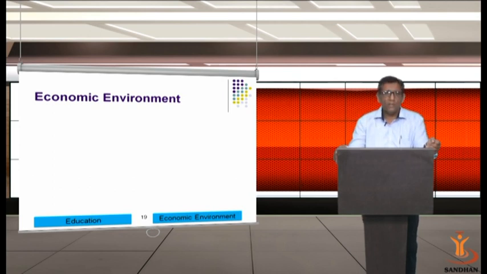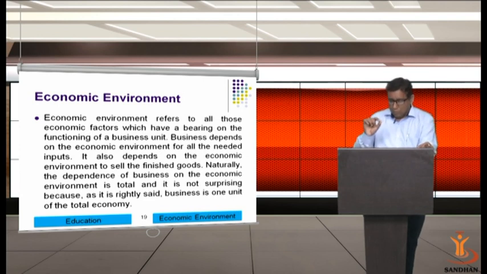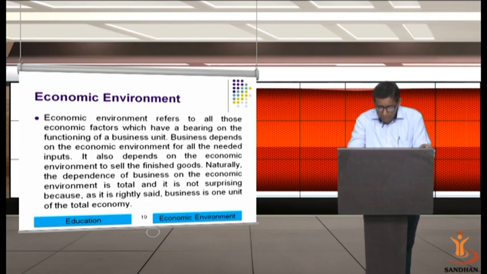That is economics. And economic environment refers to all those economic factors which have a bearing on the functioning of a business. I would like to elaborate on this particular line. Economic environment refers to all those economic factors.